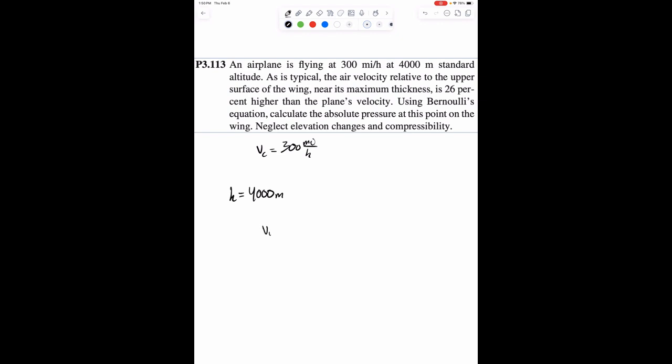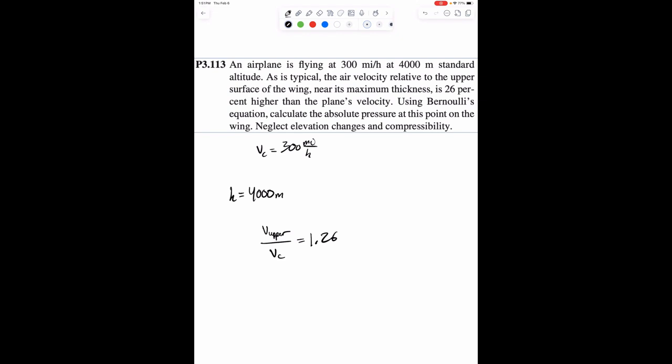So what they're saying is velocity at upper surface divided by velocity of the aircraft is 126%, which is 1.26. We're interested in finding the absolute pressure at the upper part of the wing given this velocity ratio.